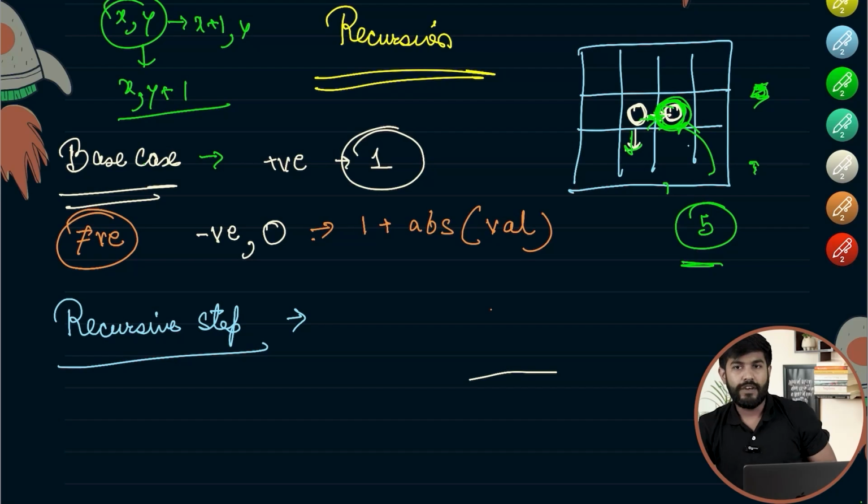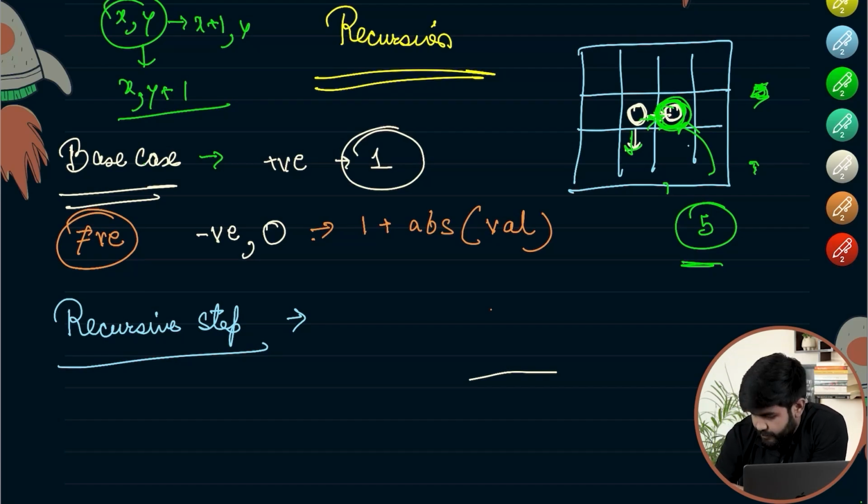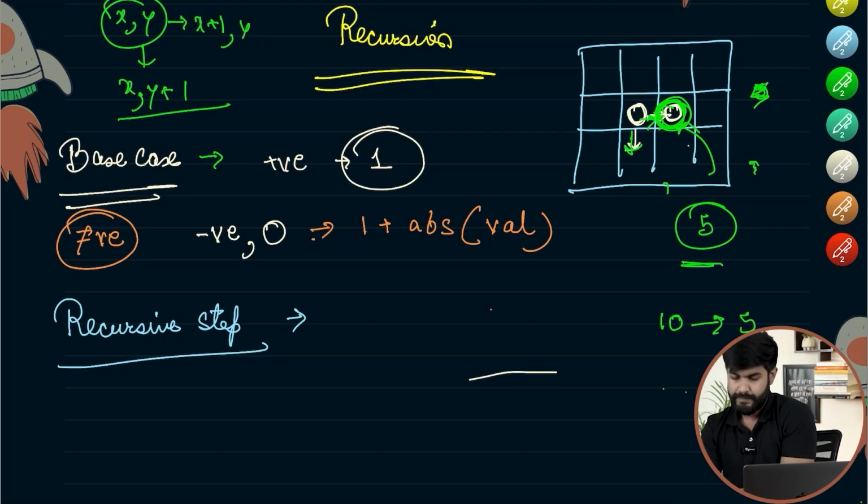So if a positive value is required, like let's say here I have 10 and I called for the right hand side, and it told me that positive value of 5 is required. So if I have the bandwidth, then it is okay.